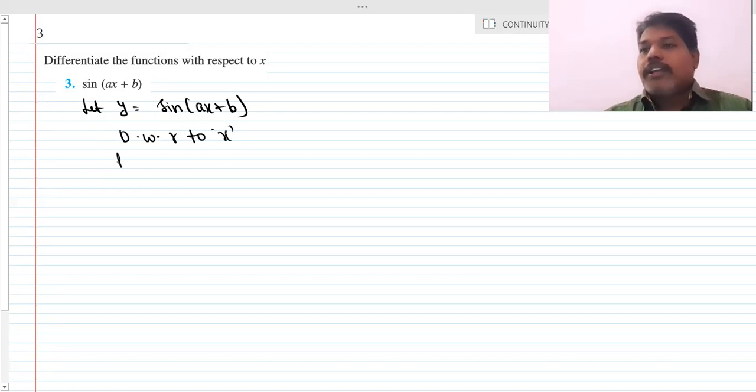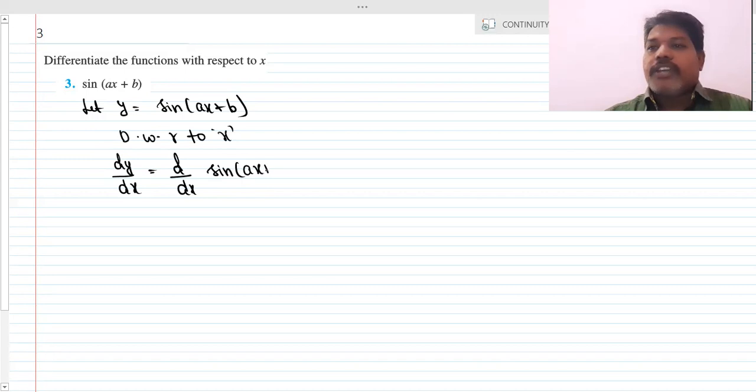dy by dx is equal to the derivative of sin of ax plus b. That is in the form of f of g of x, where sin is f and ax plus b is g.